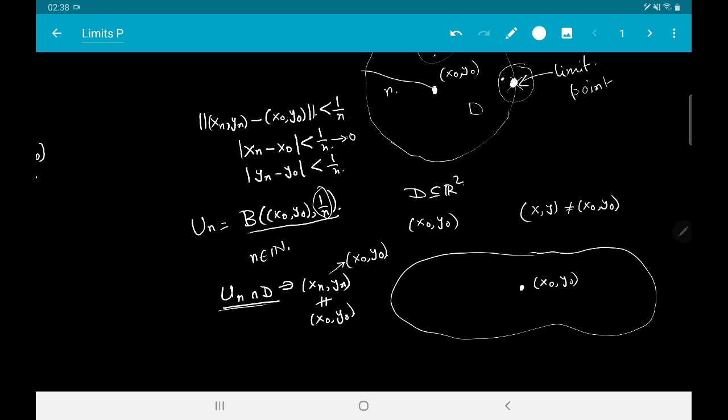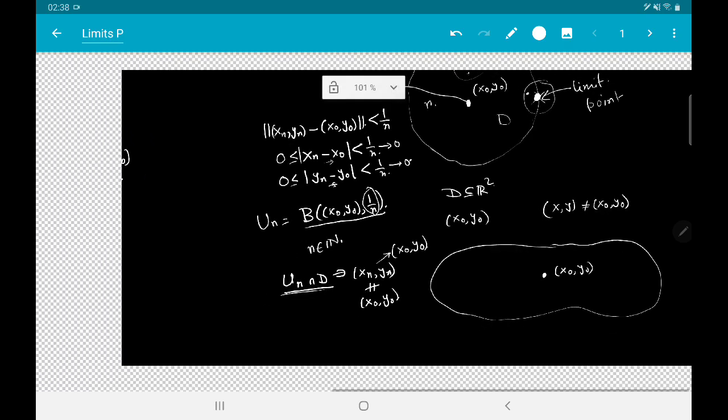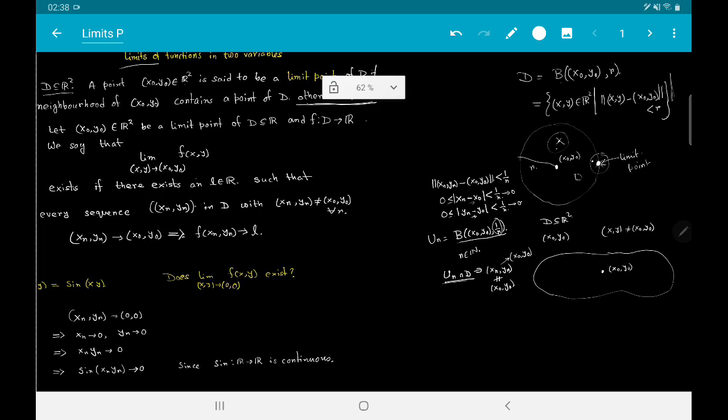You can see that this converges to 0, and this converges to 0. These are bigger than or equal to 0 because we are talking about modulus, which is always non-negative. So you can see that xn converges to x0, and yn converges to y0. This is going to be very useful when we talk about limits of functions.